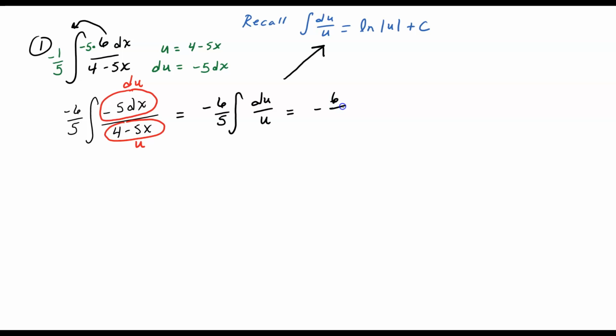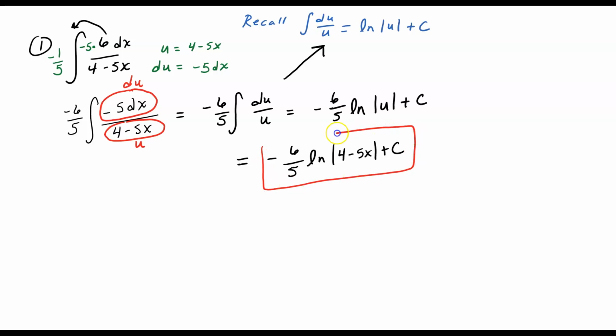It is negative 6/5 of the natural log of the absolute value of u plus c, and now all I have left to do is back substitute my u. And so I have negative 6/5 times the natural log of the absolute value of 4 minus 5x plus c. And so this is my answer for this problem.